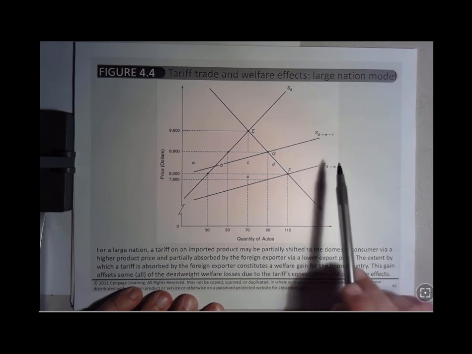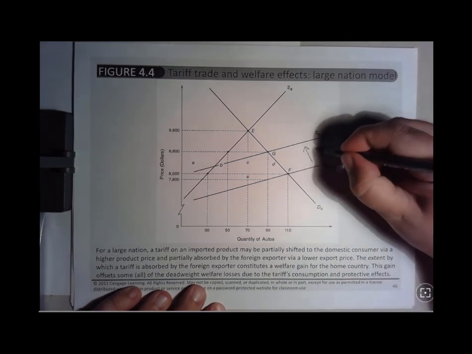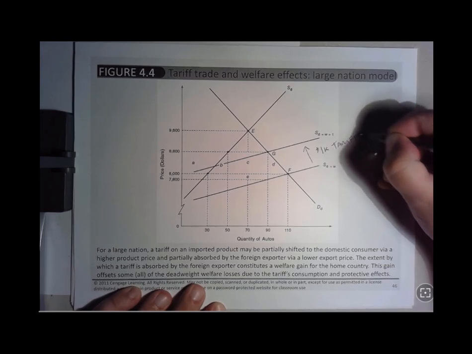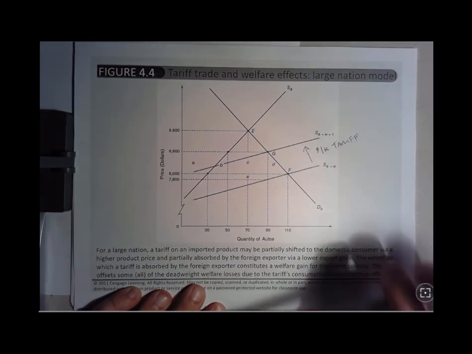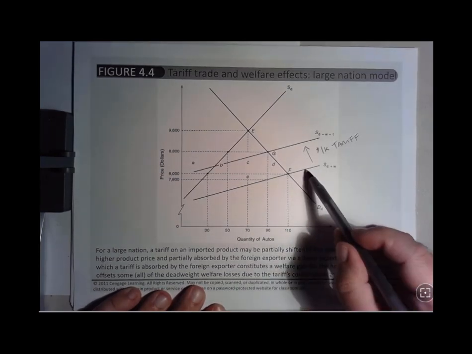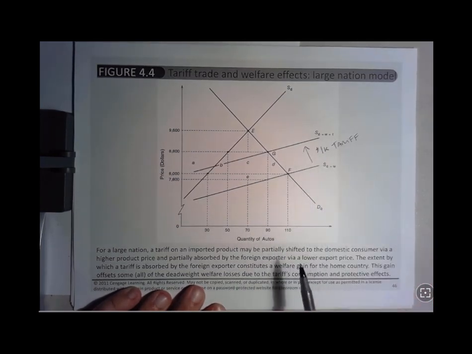And then we imposed the protectionism of a $1,000 tariff. So there is a parallel shift in the supply curve, and the shift is $1,000.